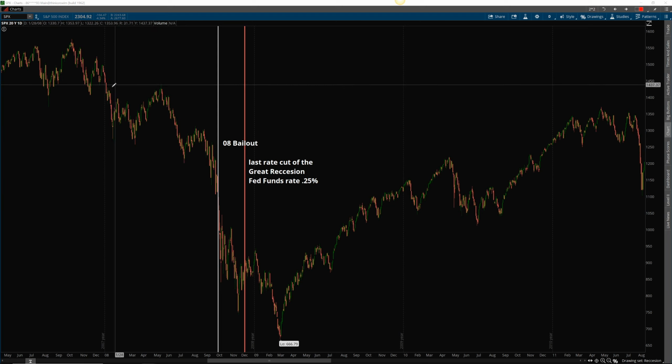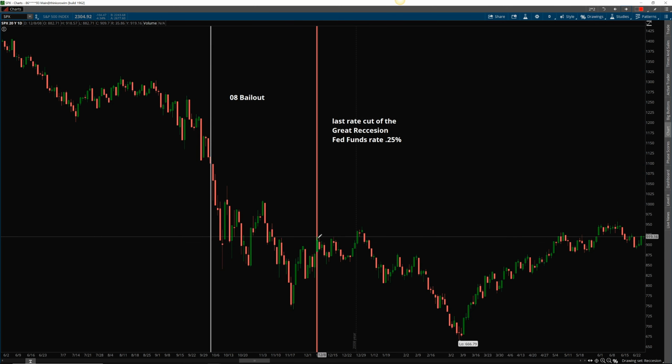Now, back then the Fed was cutting the interest rates, similar to what they're doing now. One of the policy actions that the federal bank takes is to cut interest rates as low as possible. The last rate cut that we had also was not the bottom of the market.